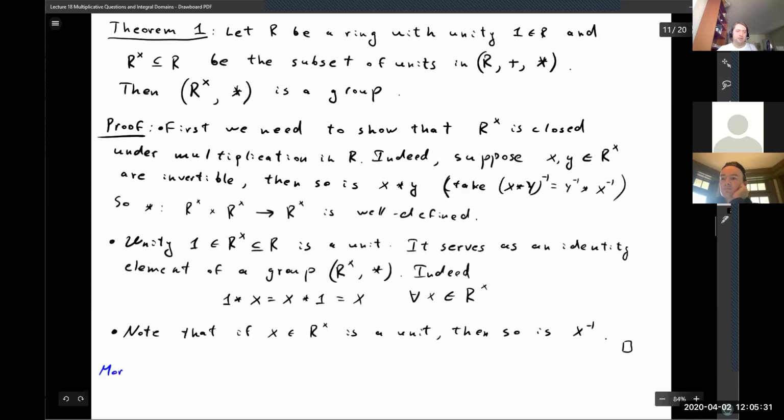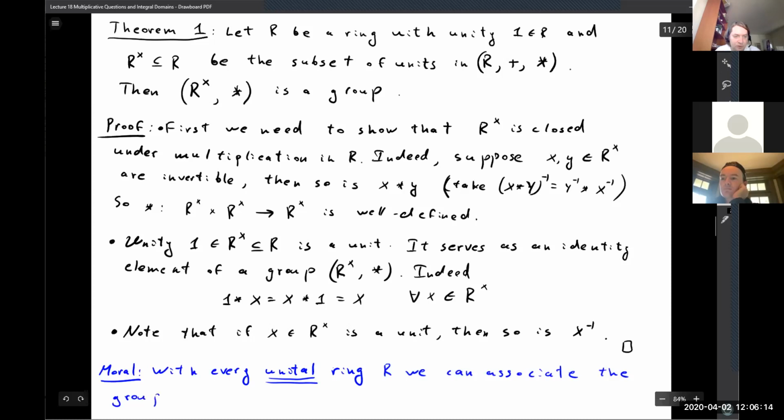And the moral of this theorem is that with every unital ring R, we can associate the group of units, R cross, with the binary operation star.